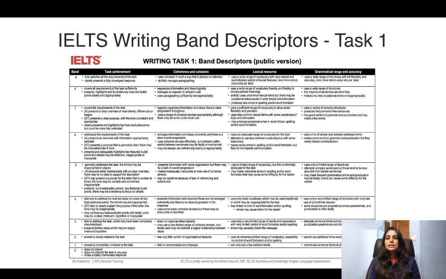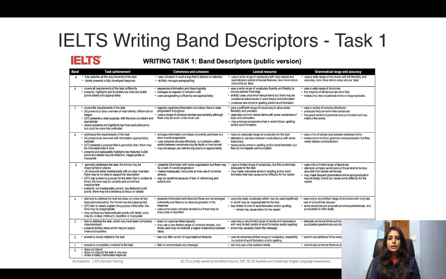Basically, talk about each of the 3 bullet points and develop your responses. They should be properly developed and should not be loosely held. That is what is needed to score a 9 band score in your task achievement parameter.